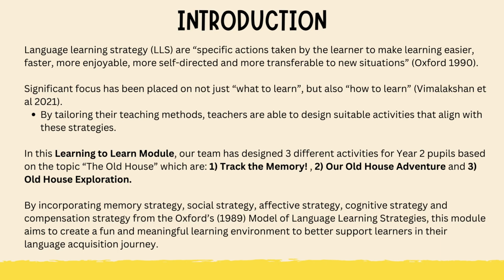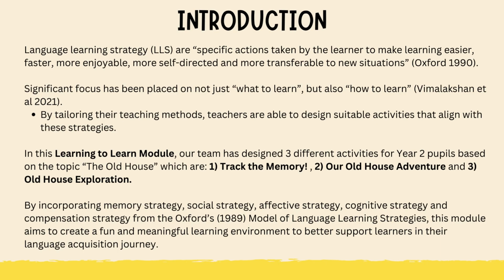In this Learning to Learn module, our team has designed three different activities for Year 2 pupils based on the topic The Old House, which are the first, Track to Memory, second, Our Old House Adventure, and third, Old House Exploration.